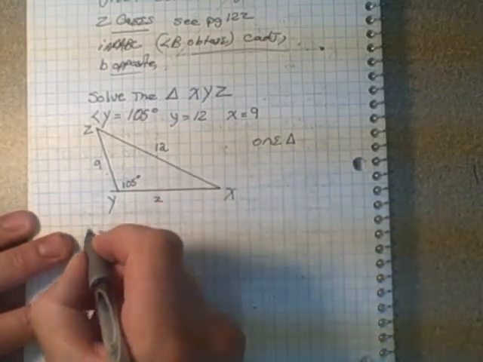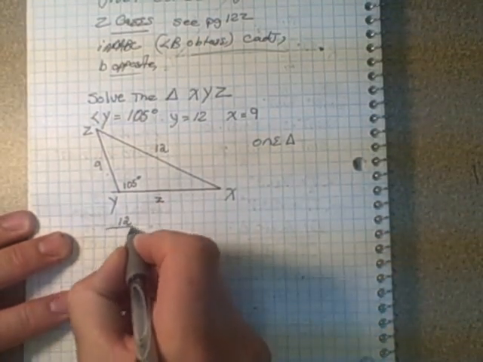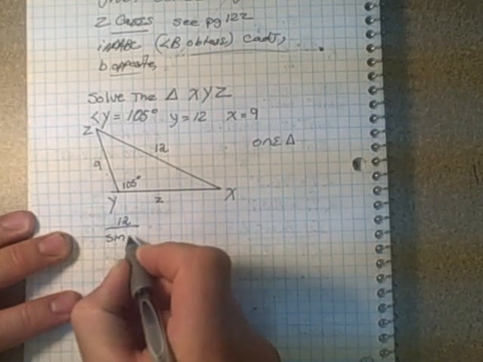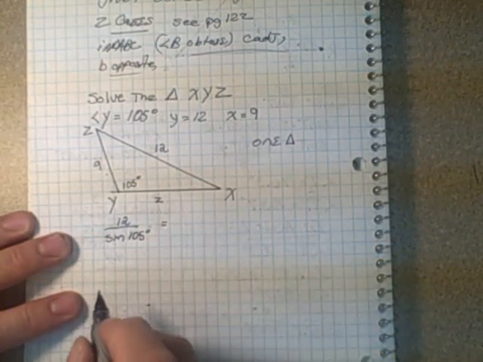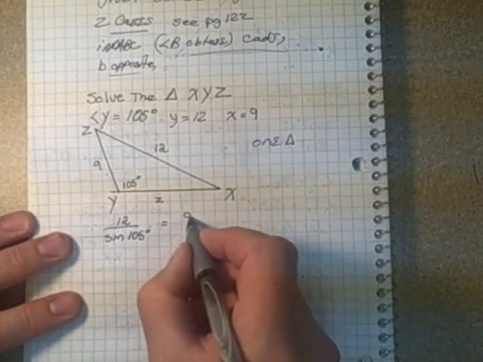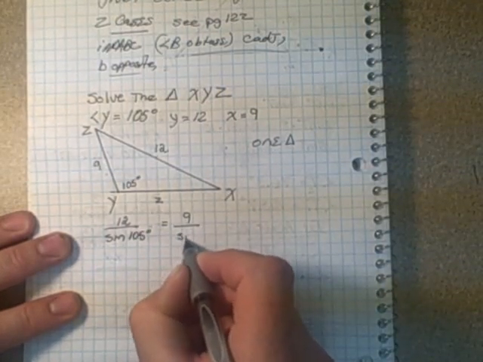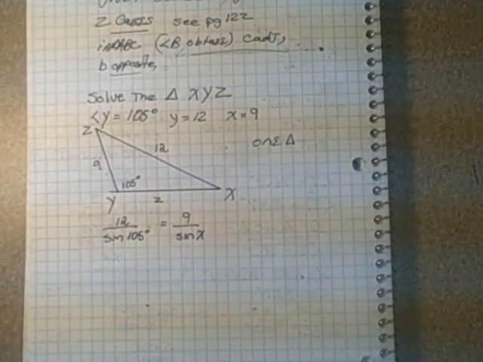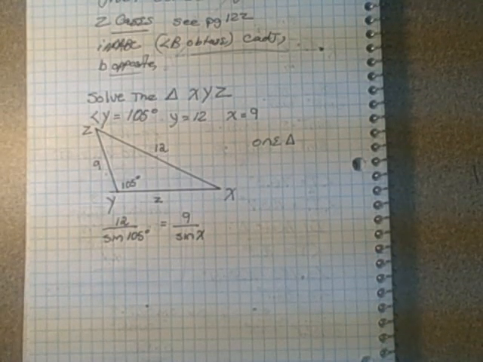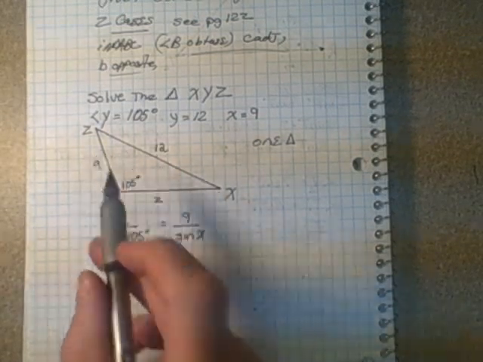So we know that 12 over the sine of 105 degrees is going to be equal to 9 over sine x. Now, obviously, you can't have more than one obtuse angle in a triangle, so you know that these are going to both be acute automatically.